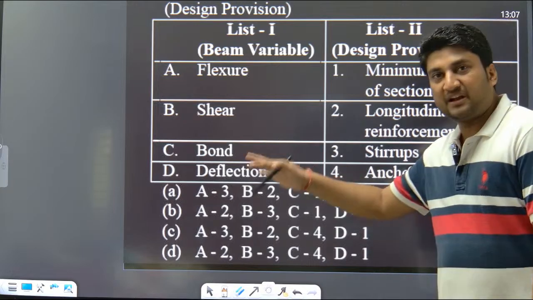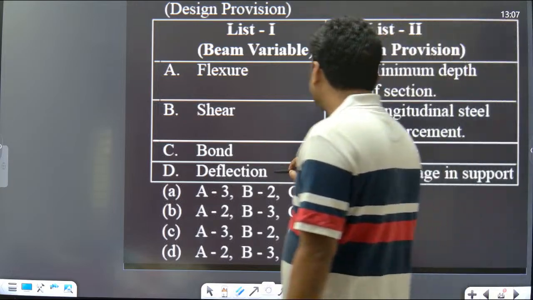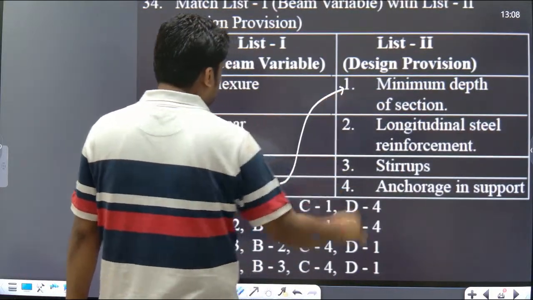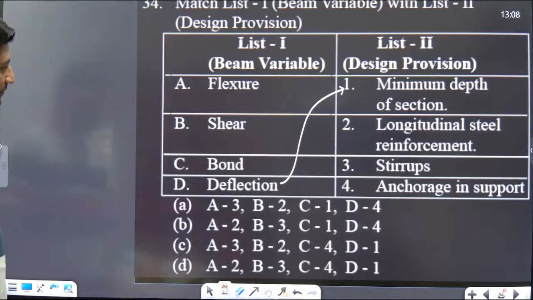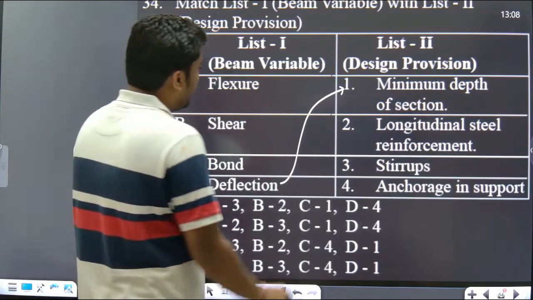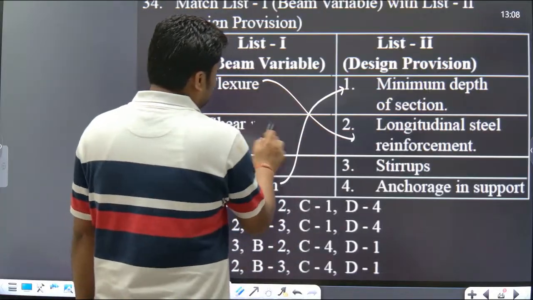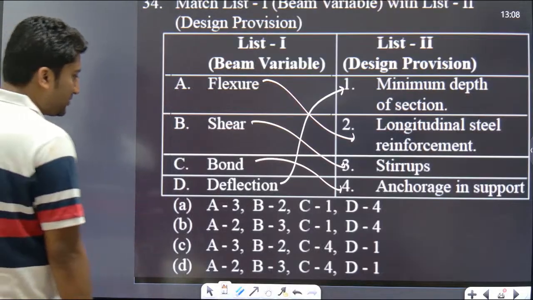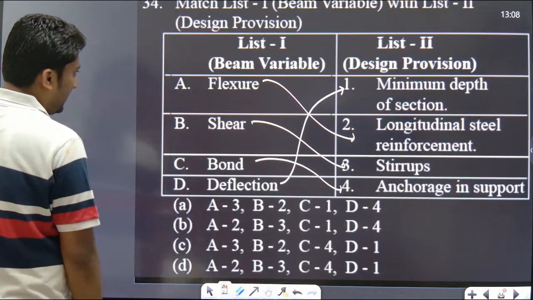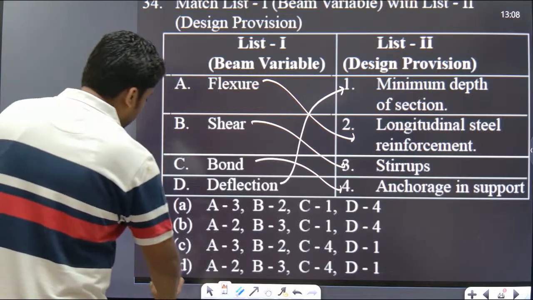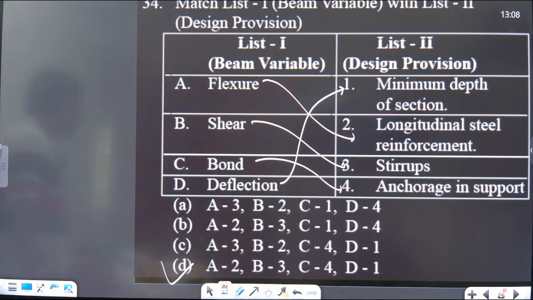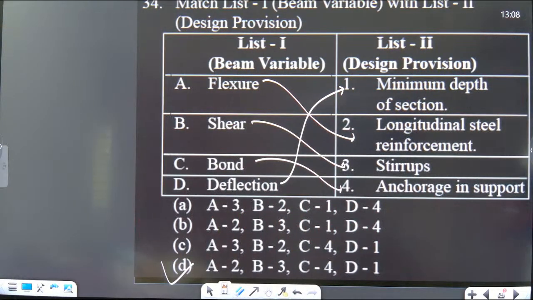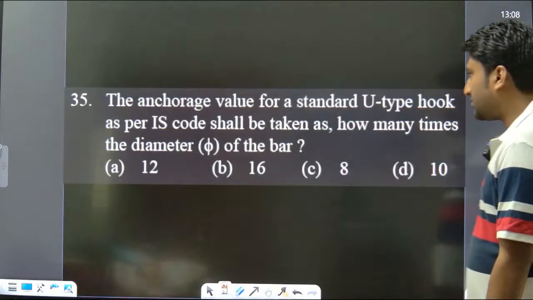Now deflection can be controlled by span by depth ratio. So longitudinal reinforcements are given for flexure, stirrups are given for shear, and anchorage values are for bond. So option D is the correct answer. Understood everyone? Moving ahead towards the next question.